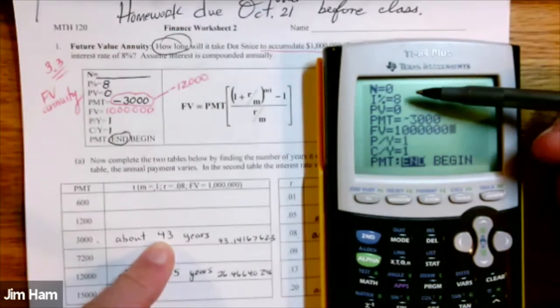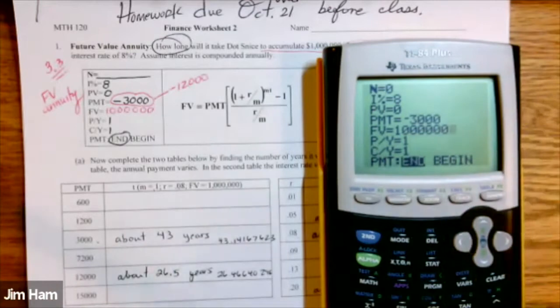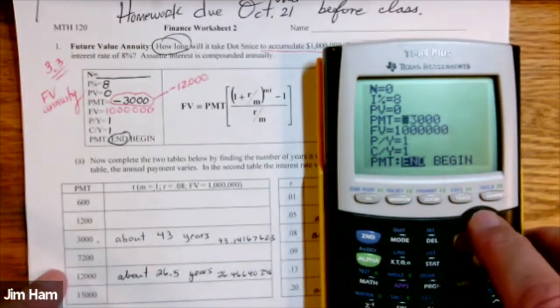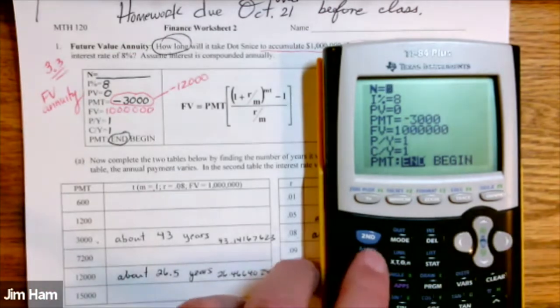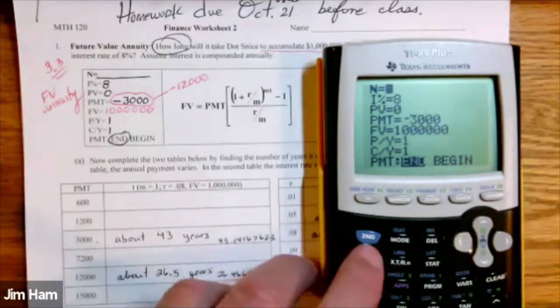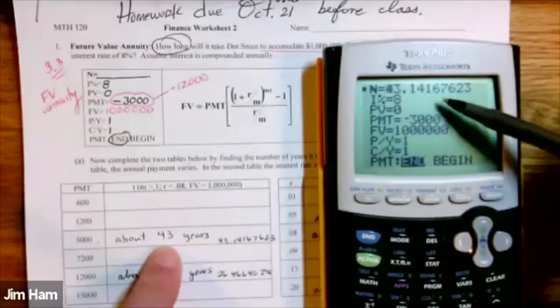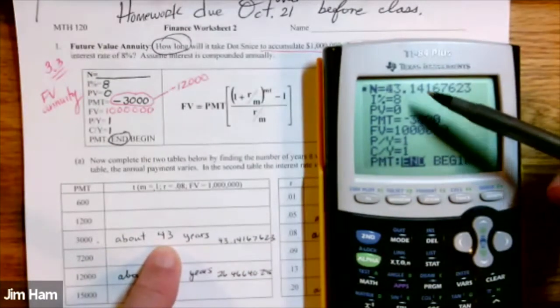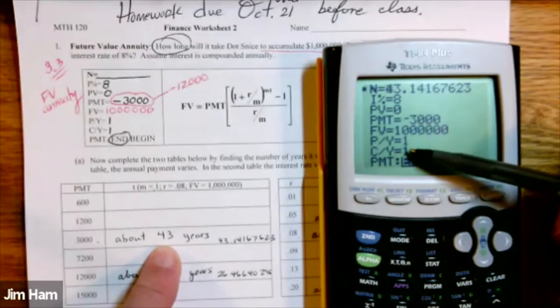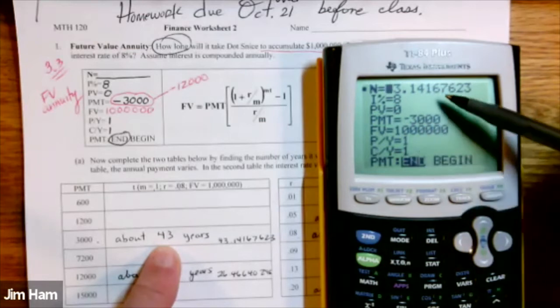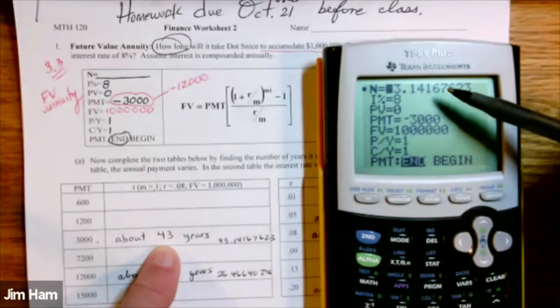But we're getting a nice interest rate, so you can't just divide $1 million by 3,000 to get the number of years. Interest is going to really shorten that term. So we go up to n and calculate, and that's where you get this 43. Because compounding per year is 1, this really does mean 43 years.